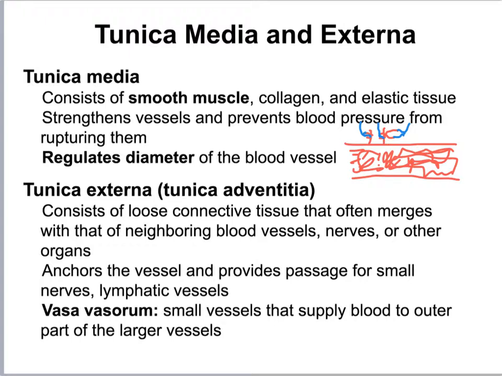These tiny blood vessels that branch off from the artery to provide nutrients to the arteries and veins themselves are the vasa vasorum.